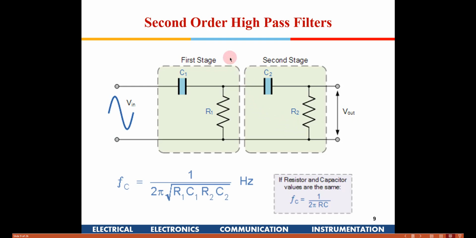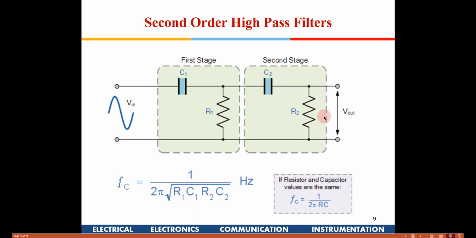Okay. Now the same derivation which we did, we can do it here also. This is known as a second order high pass filter, where two sets of filters have been cascaded in series. This is the first stage, this is the second stage.